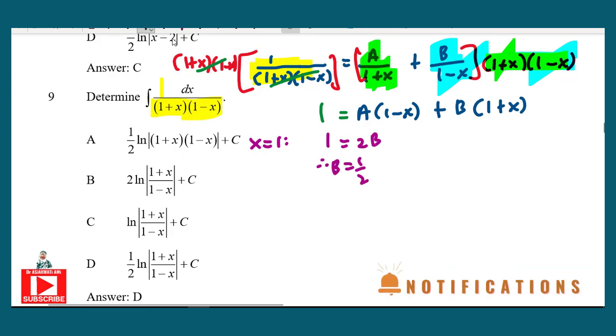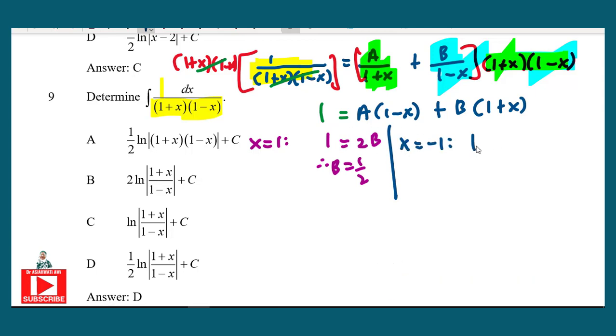The next is substitute when x is equal to negative 1. On the left hand side, 1. 1 plus 1, so 2a. 1 minus 1, 0. Therefore, a is equal to 1 over 2. Then substitute a into here.